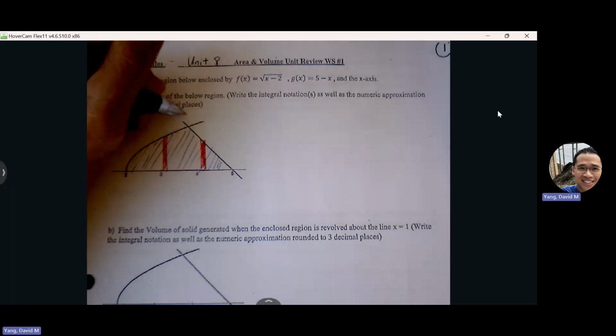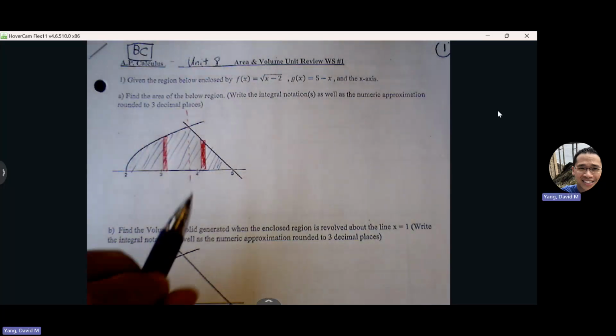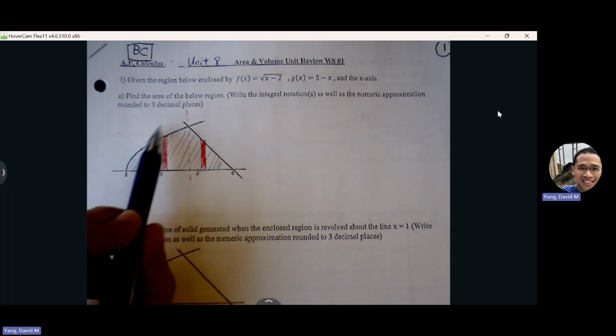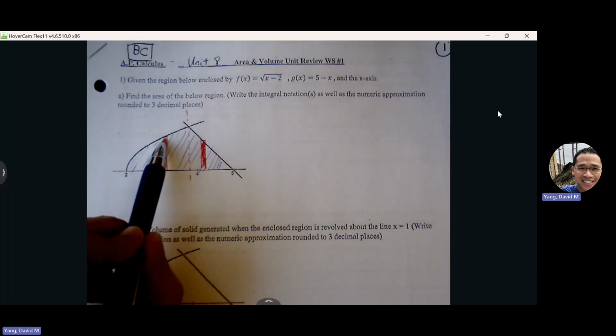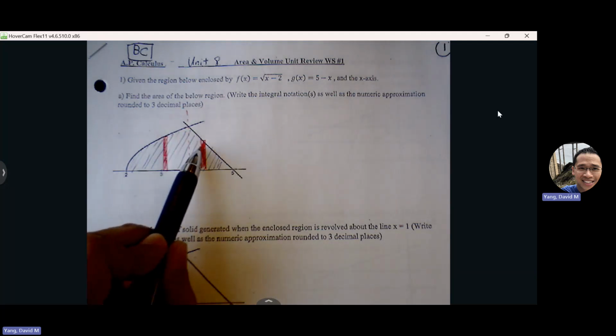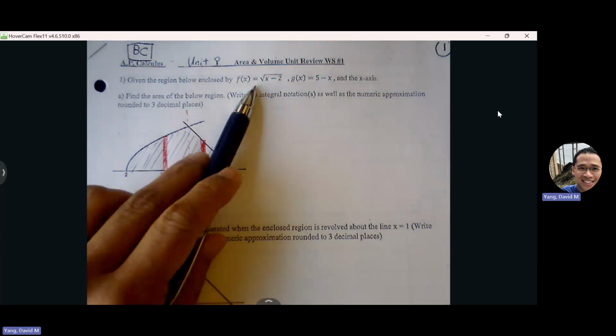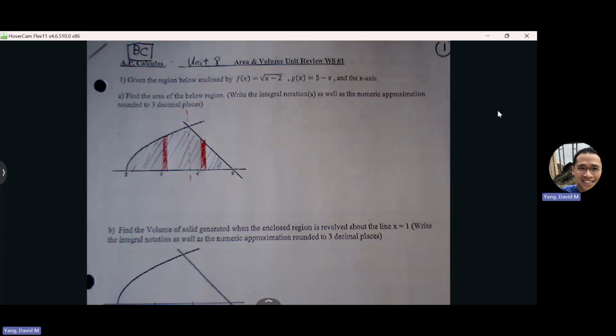This top graph is going to change to a different graph. So that means we need to create 2 integral formulas because we have 2 different relationships for a top function. So there's going to be a split. And we need to think of this as 2 separate regions. This region has a top graph that's represented by the square root. This region has a top graph that's represented by the linear.